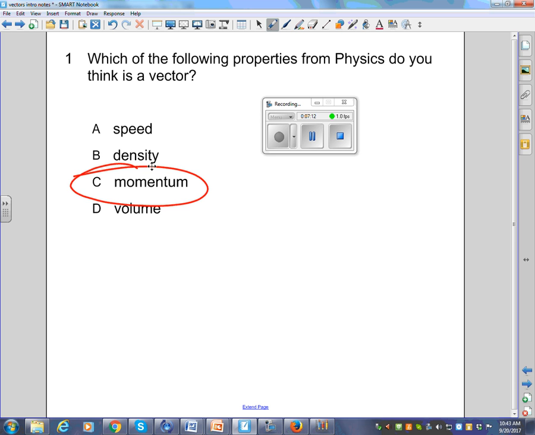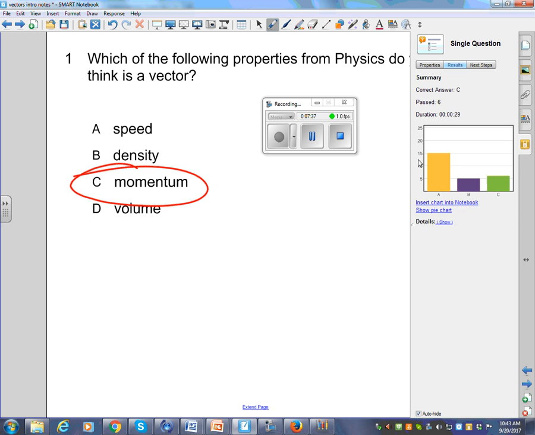So the correct answer, and it's not density because grams per cubic centimeter south doesn't make sense. Momentum is in a certain direction. The linebacker has a certain amount of momentum as they move downfield. That makes sense. Not volume. And momentum is a quantity of mass and velocity. Right? So it is the vector, yeah.